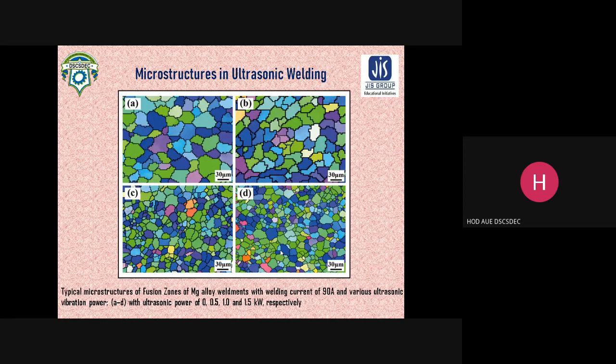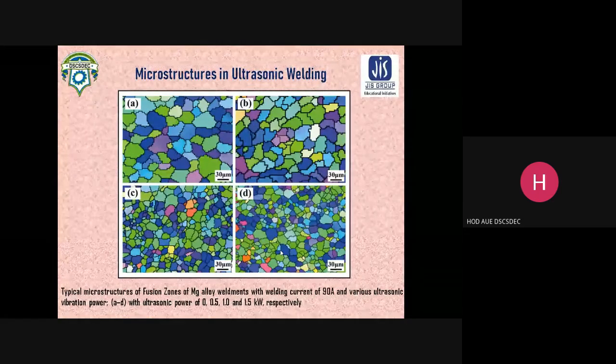That means it will give you higher strength and higher micro hardness. So here you can see the assistance of the ultrasonic power creating this grain refinement mechanism, so that you can find joints of higher strength and higher micro hardness.